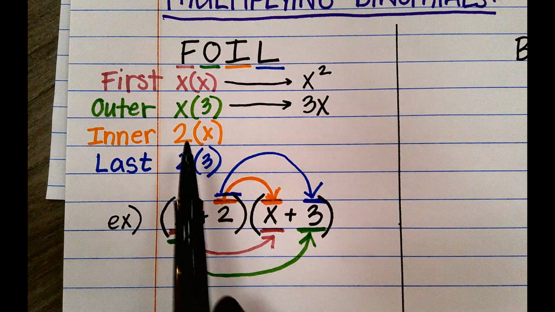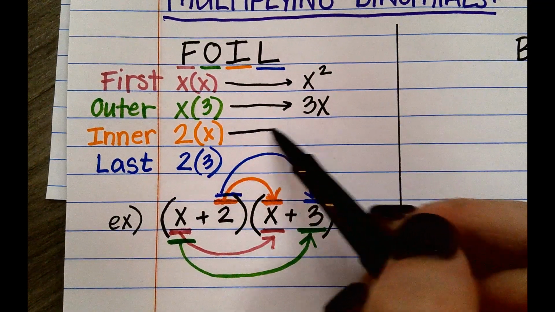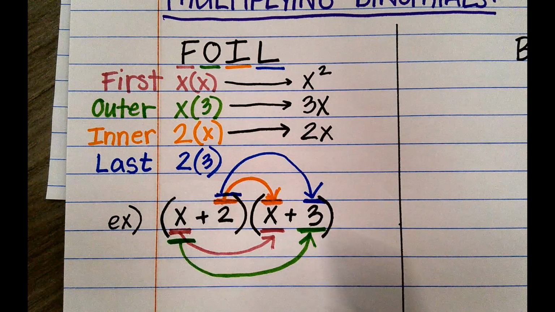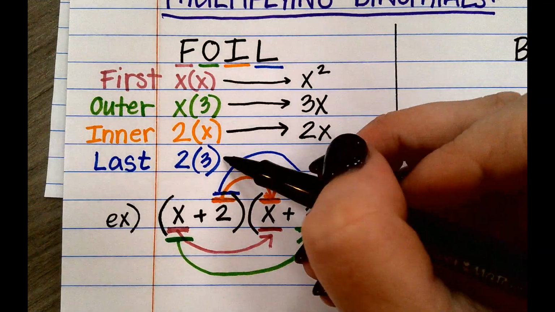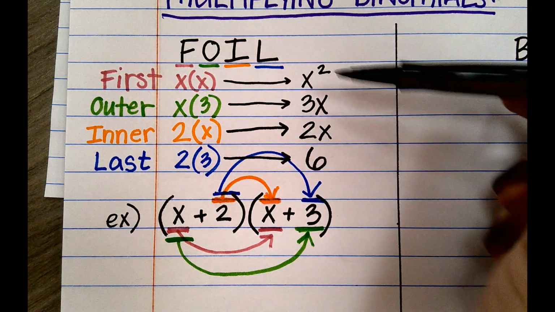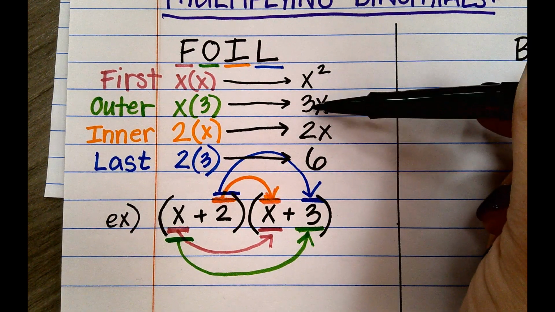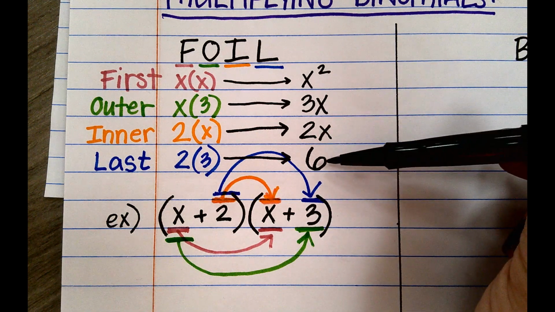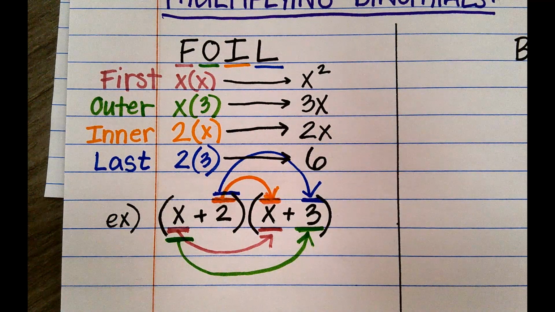My inner term's 2 times x. What's that? 2x. And my last, 2 times 3? 6. Good. So I have x squared, 3x, 2x, 6. So x squared plus 3x plus 2x plus 6.